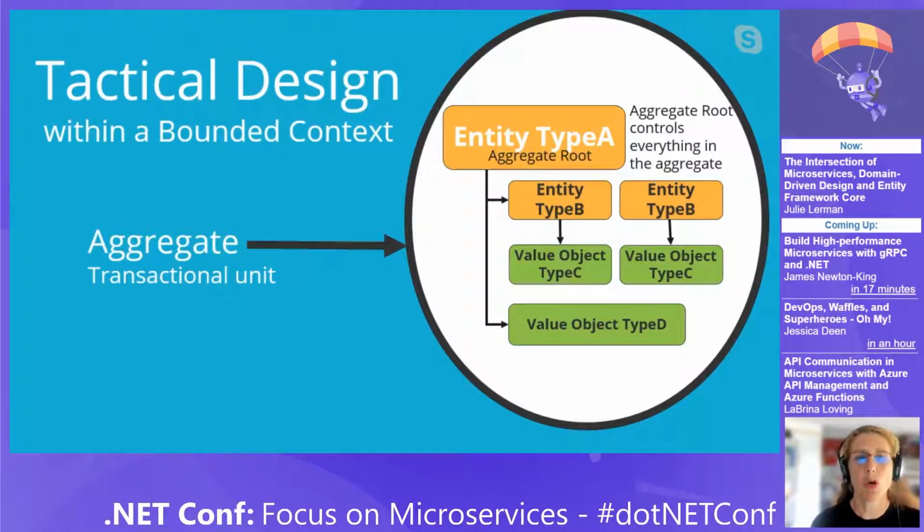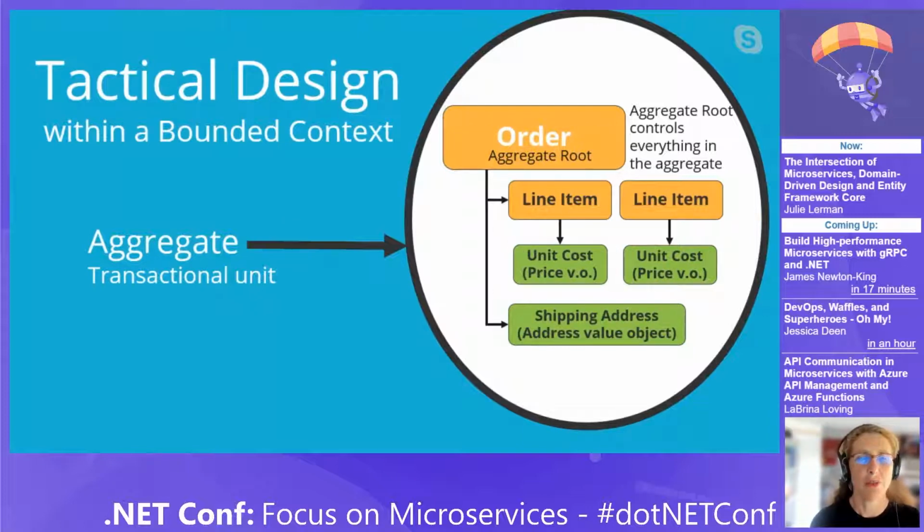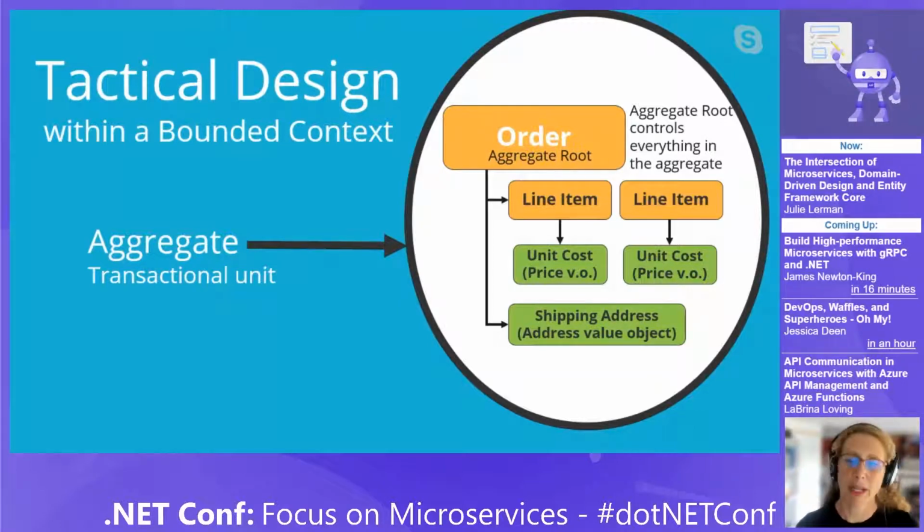So that's really important. And as we get into tactical design, we're getting closer to where EF Core comes into play. So just to not be so generic about this, a really good canonical example is if you have an order that has line items, and line items really don't make sense on their own. They only really make sense within an order, and the order as an aggregate root can make determinations like you can't have more than $100 spent total, right?